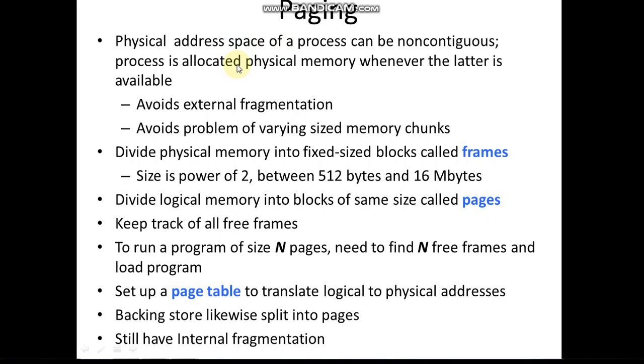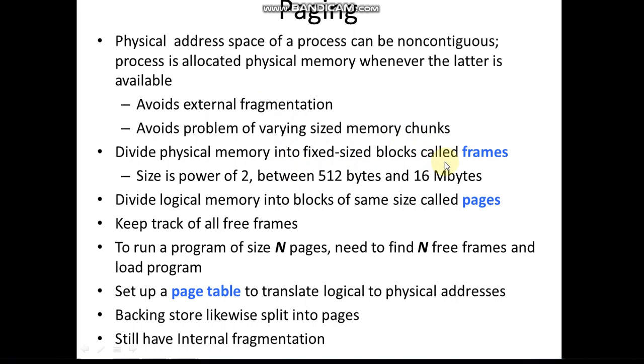The process can be located within the physical memory wherever space is available. The main reason for this is that it avoids external fragmentation, and it also avoids the problems of having variable sized memory chunks. So here in paging, the physical memory is divided into fixed sized blocks.